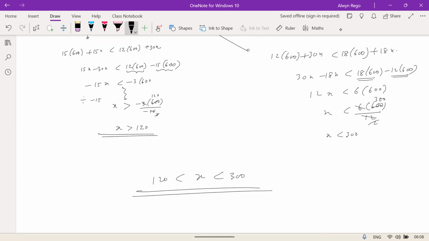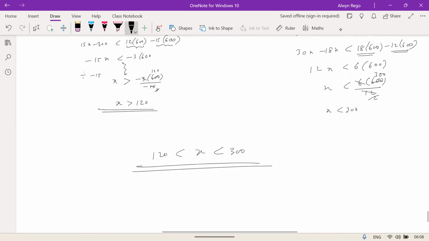So you must add more than 120 liters of liquid. Therefore, the number of liters of 30% acid must be more than 120 liters but less than 300.